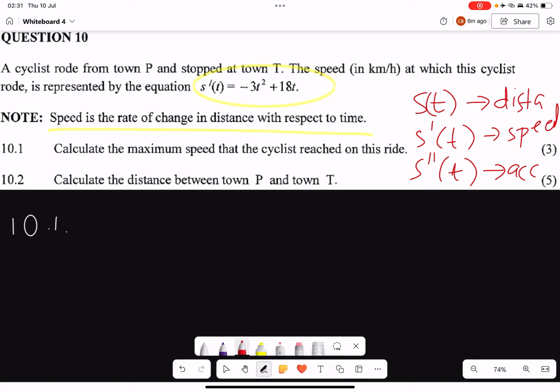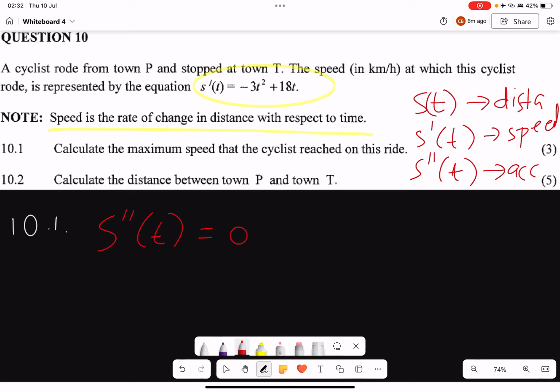I'm going to repeat it. When speed reaches a maximum, it stops increasing for just a moment. That means the rate of change of speed, which is acceleration, is going to be 0. So to find the maximum speed, we always get the second derivative and equate it to 0, because if you are at maximum speed, it means you are no longer accelerating.